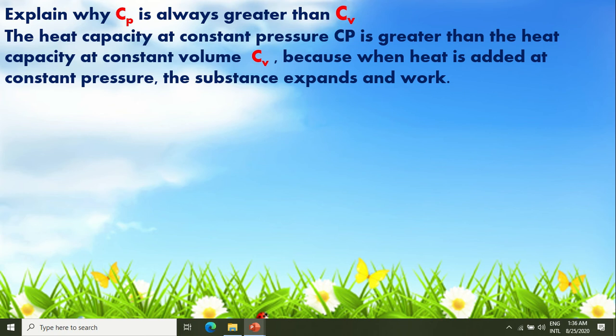But if you want to increase the temperature of 1 mole of gas by 1 Kelvin by keeping its pressure constant, that time pressure remains constant but the volume is changed and also the temperature is changed. So the heat which is supplied to the system is not only used to increase the temperature but also used to do external work. That's why Cp is always greater than Cv.